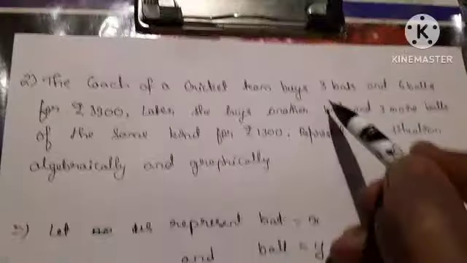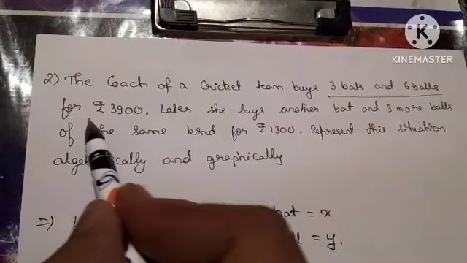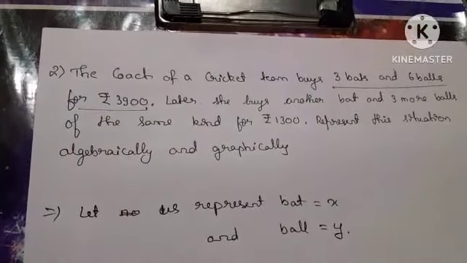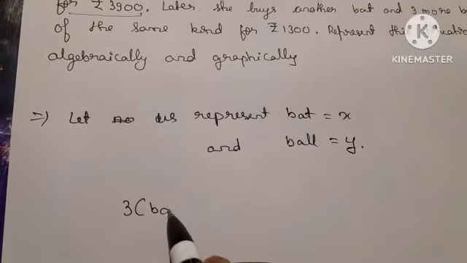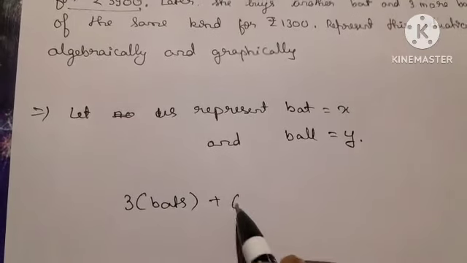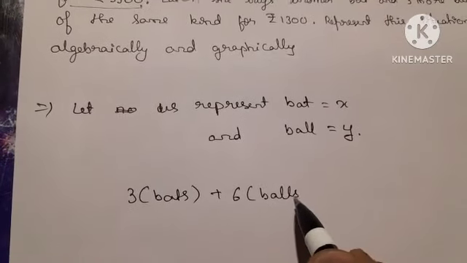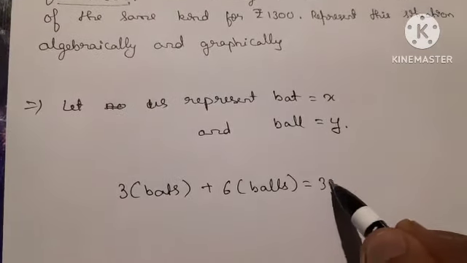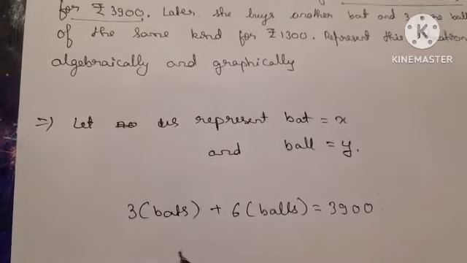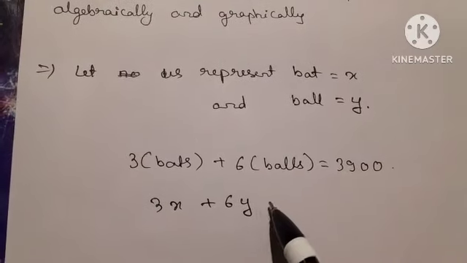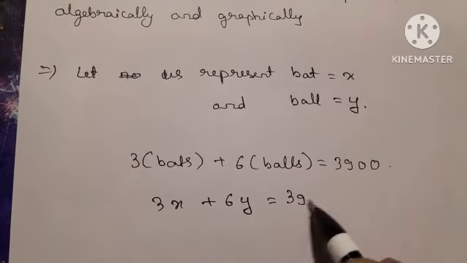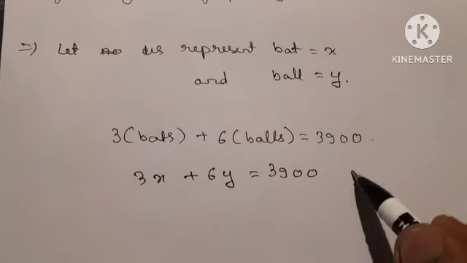According to the statement, 3 bats and 6 balls cost rupees 3,900. So we can assume that 3 into bats plus 6 into balls will be equal to 3,900. So let us say 3x plus 6y equal to 3,900. This will be our equation 1.